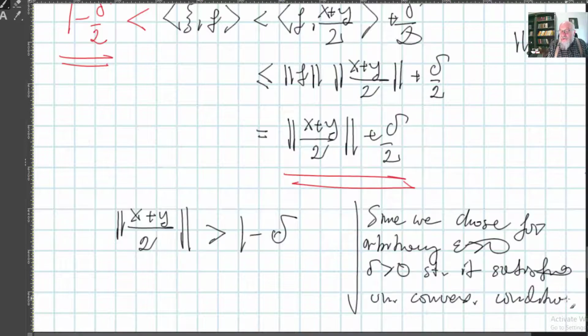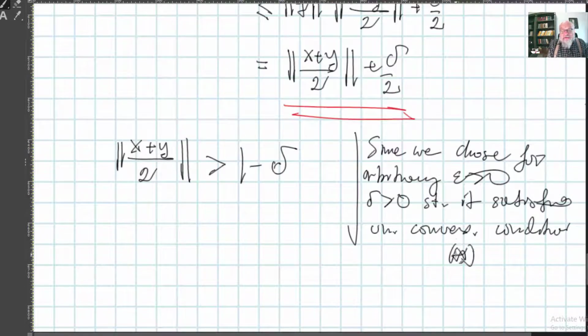So what does it mean? Let's write it down here. This means simply the following.